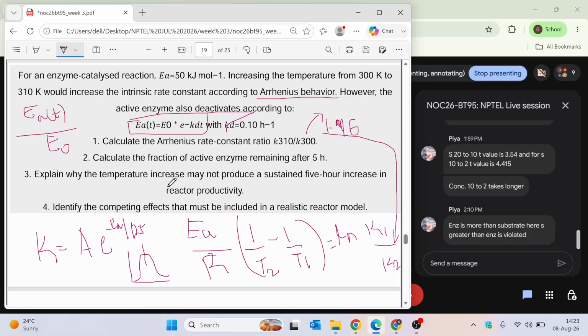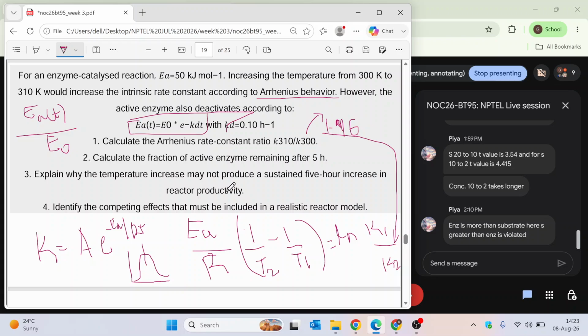So naturally you can't observe any increase in the reactor productivity, and that is why we talk about optimum conditions for any bioprocess. The optimum conditions include the temperature, the pressure, the pH, all of this, because they can bring about enzyme or protein denaturation.